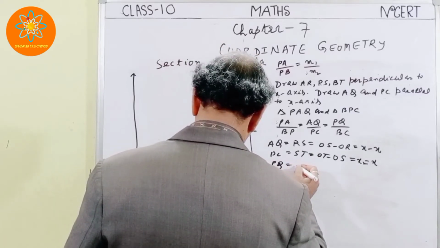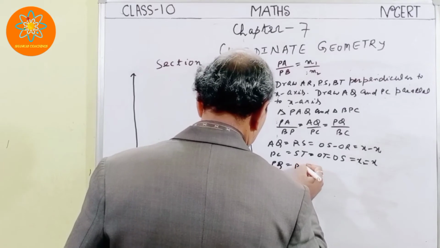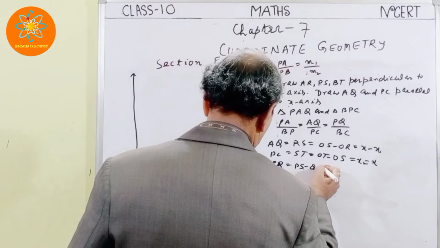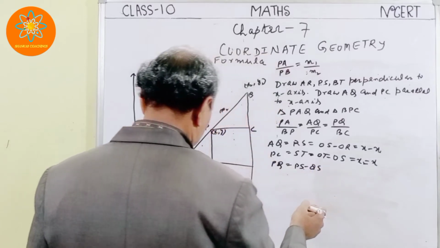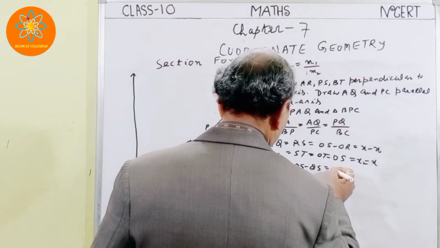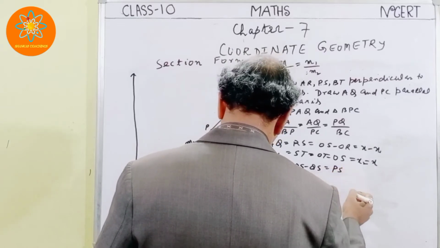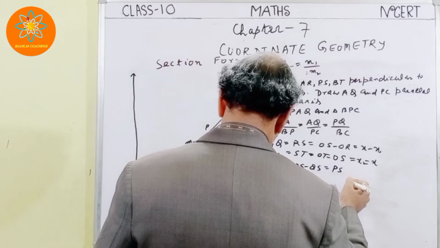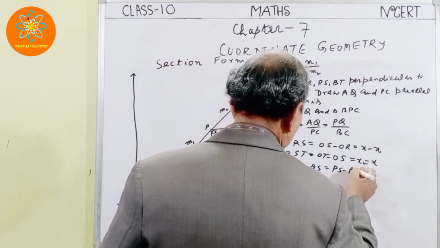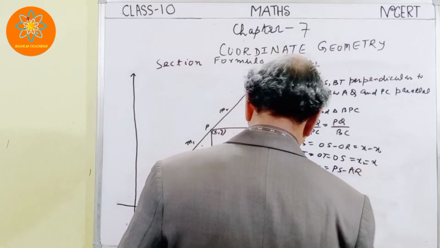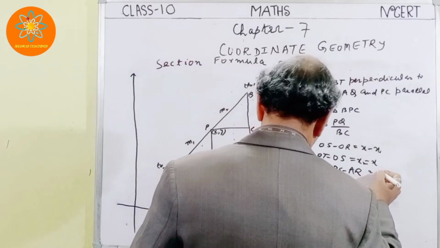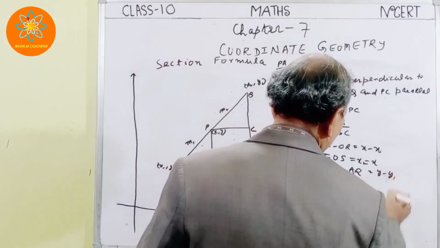PQ is equal to PS minus QS, which is equal to PS minus AR, which is equal to Y minus Y1.